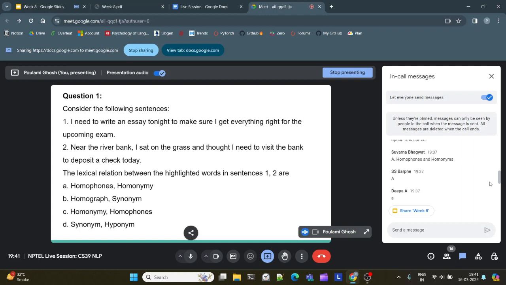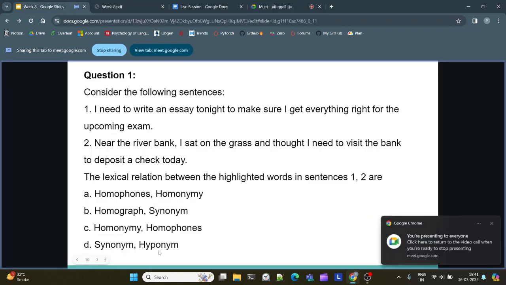Yeah, correct. So that was correct. So let's just go over the other options as well. So why not hyponym? What is a hyponym?